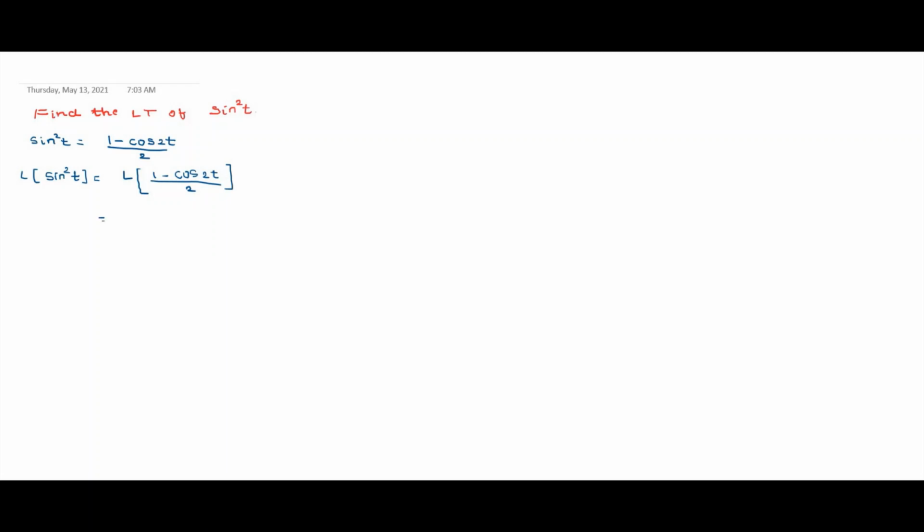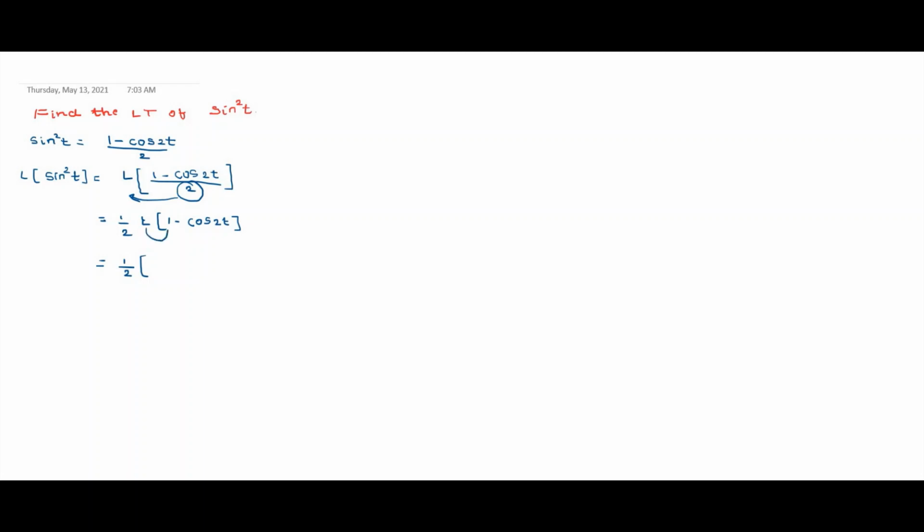I will write this 1 divided by 2 outside. The remaining term is the Laplace transform of 1 minus cos 2t. So this is equal to 1 by 2, writing the bracket as it is.